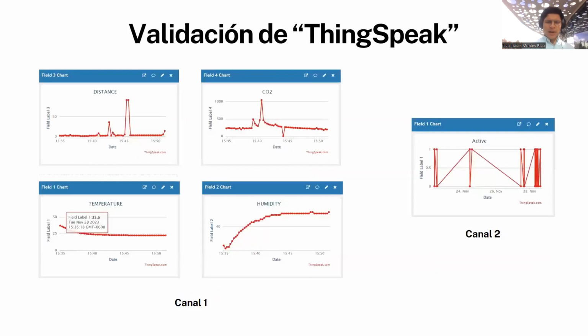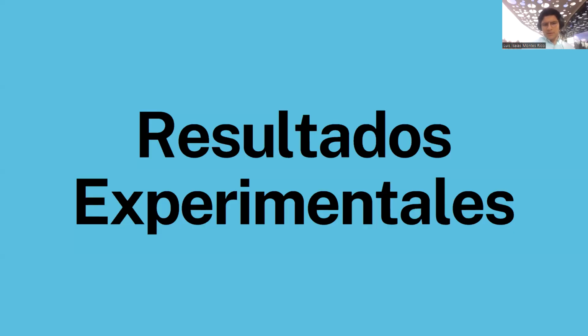Anyways, we also have our ThingSpeak channel validation, where we have these 4 fields and they are changing over time, which is basically the definition of signal: a physical quantity that changes over time or any other independent variable. And then we also have our other channel, for our car alarm system, where it's either 1 or 0. That's why there are significant drops and also rises.